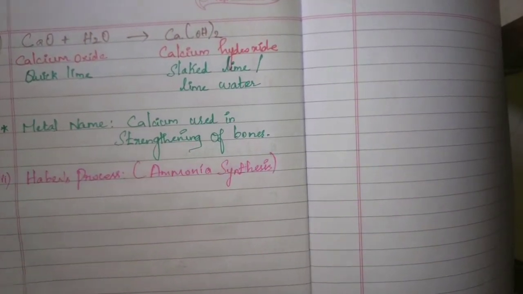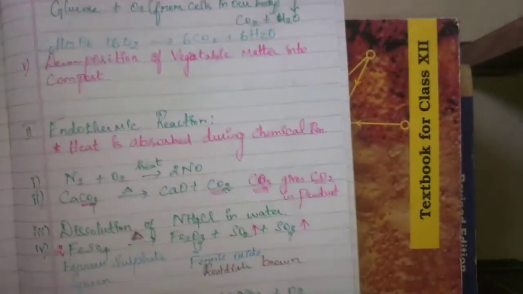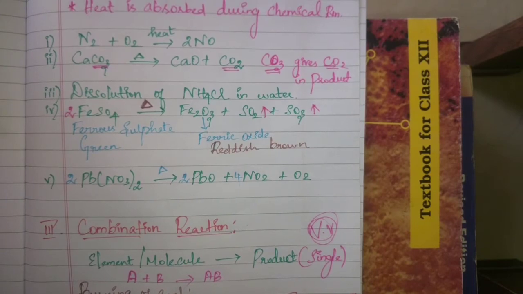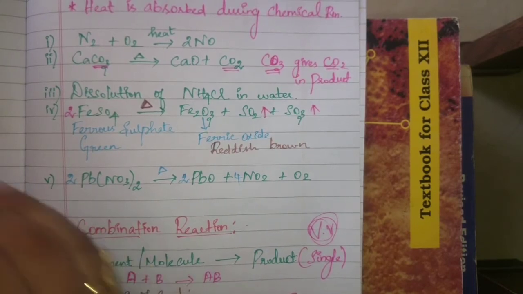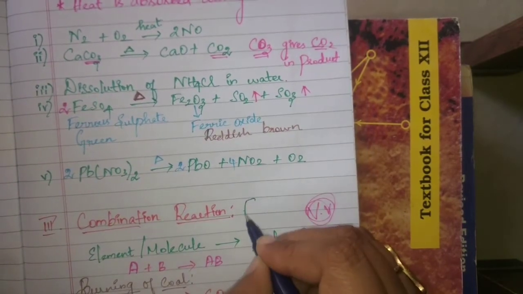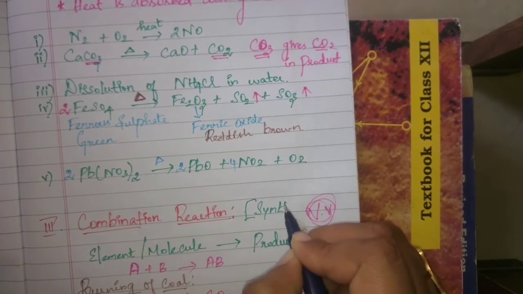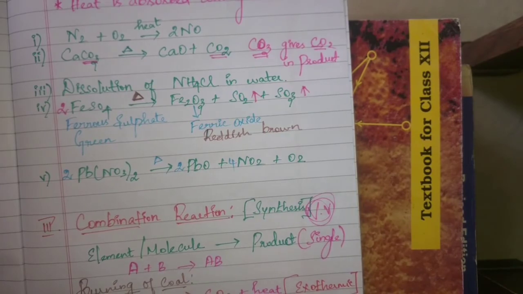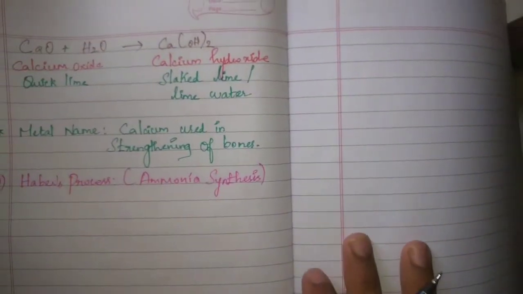Here one more thing, students, another name for combination reaction is synthesis reaction. This thing you should also know. Synthesis means forming. So one single product is formed.